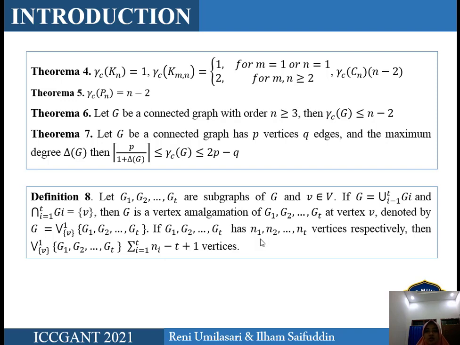It equals 2 for m, n more than or equal to 2, and the connected domination number of a cycle is equal to n minus 2. Sorry, I forgot to give the equal sign. And then the connected domination number of a path is equal to n minus 2.